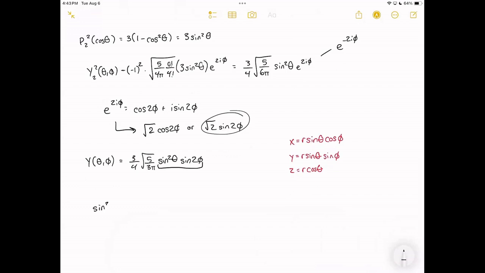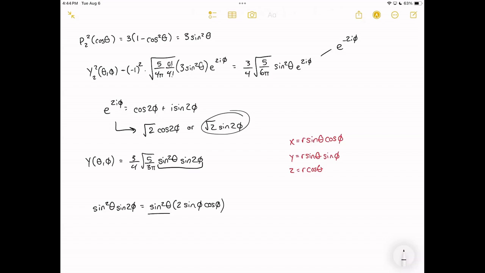So I'll take sine squared theta sine 2 phi, and you'll note that this looks nothing like either of those. However, we can use the double angle identity. Maybe you remember that from doing trig a long, long time ago. That double angle identity says that we can convert sine 2 phi into 2 sine phi cosine phi.